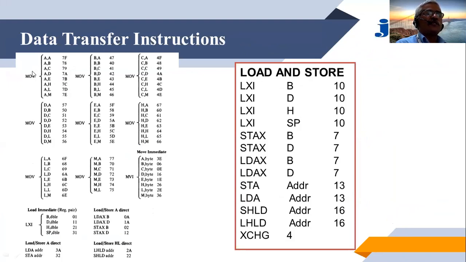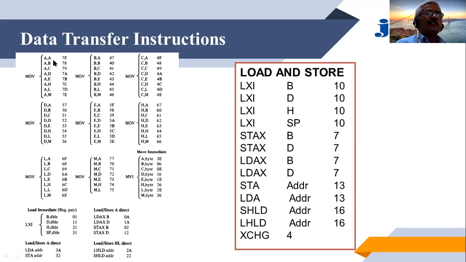So when you see the chart in front of you, you find that the instruction move can take different forms. The basic purpose of the move instruction is the data transfer, from a source location to a destination location.